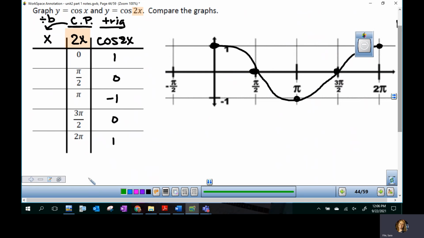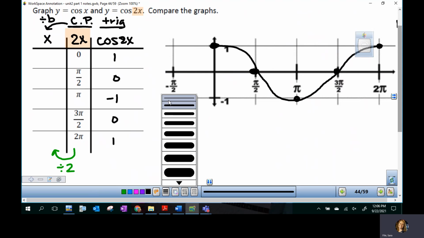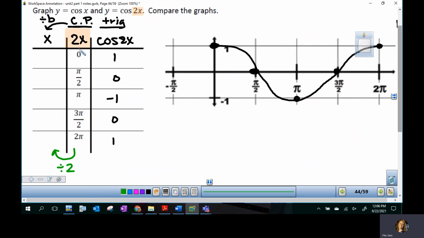So what that looks like here, we're dividing by 2. Now, some of you may need a little refresher on dividing fractions. Hopefully not on dividing 0. What's 0 divided by anything?